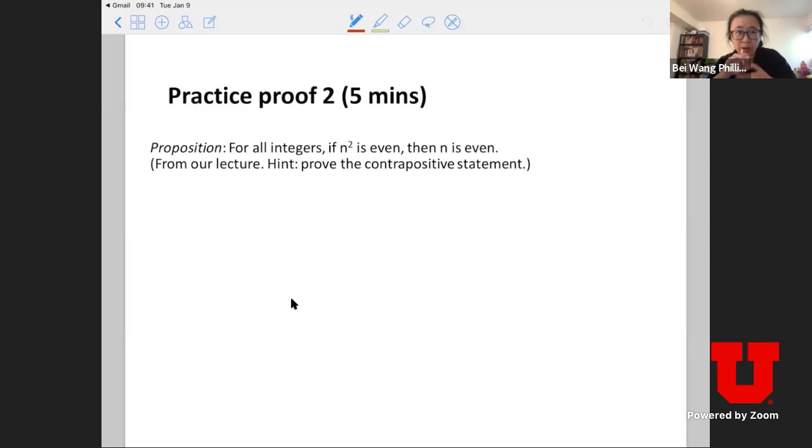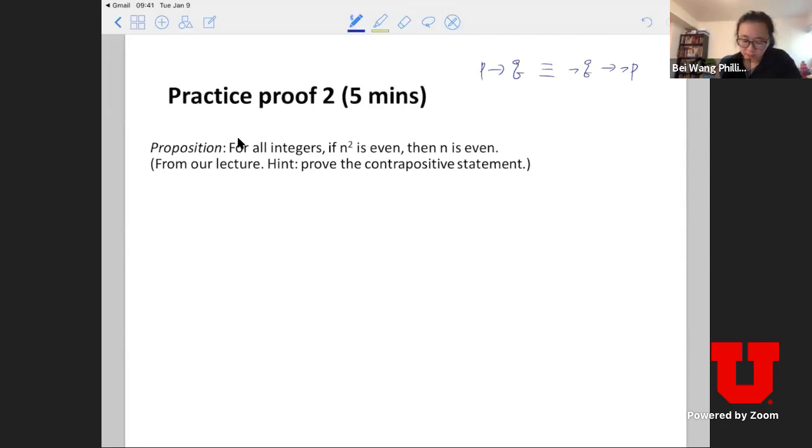All right, so the idea is that for all integer n, if n squared is even, we want to prove n is even. A way to prove it is to say if we have an implication from p to q, we know that it's logically equivalent to its contrapositive statement, which is not q implies not p.